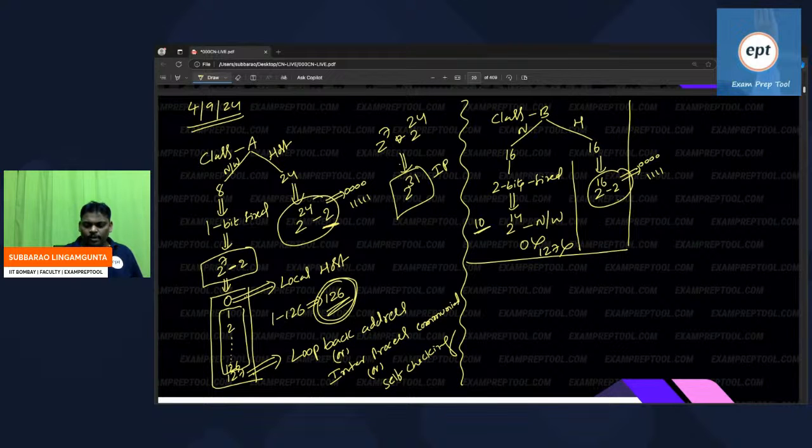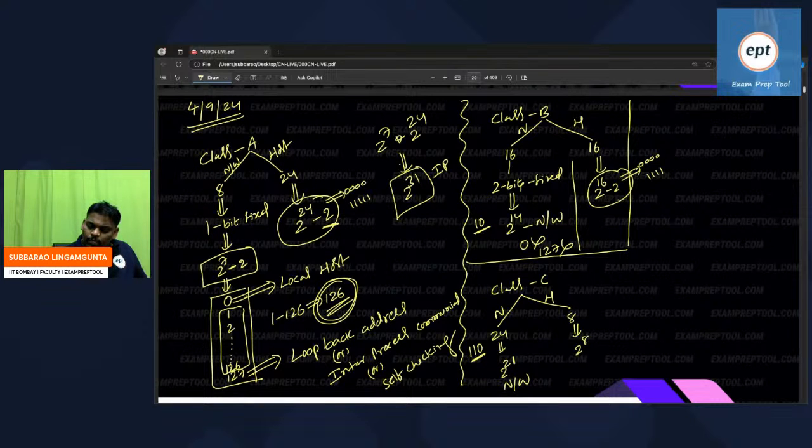Now, can you go to class C? In class C, if you observe, network is 24 bits and host is 8 bits. In class C, 3 bits are fixed, 110 fixed, so 2 power 21 networks are there. Host is as usual, 2 power 8 -2.